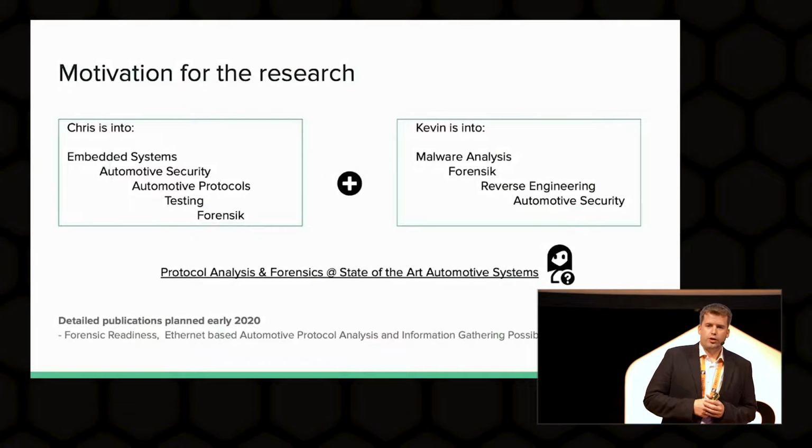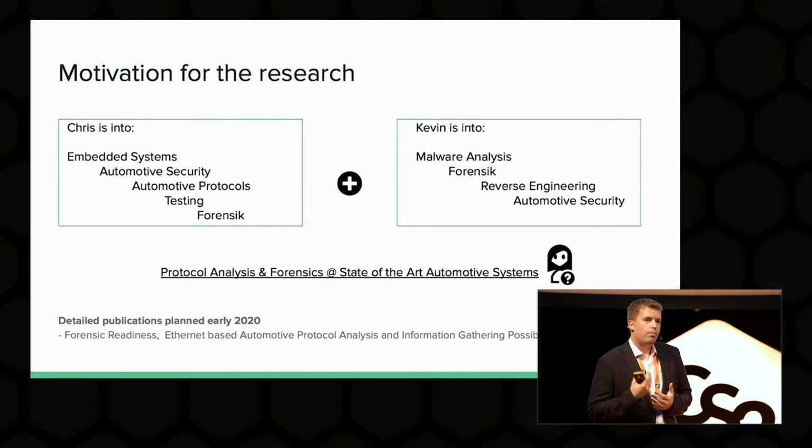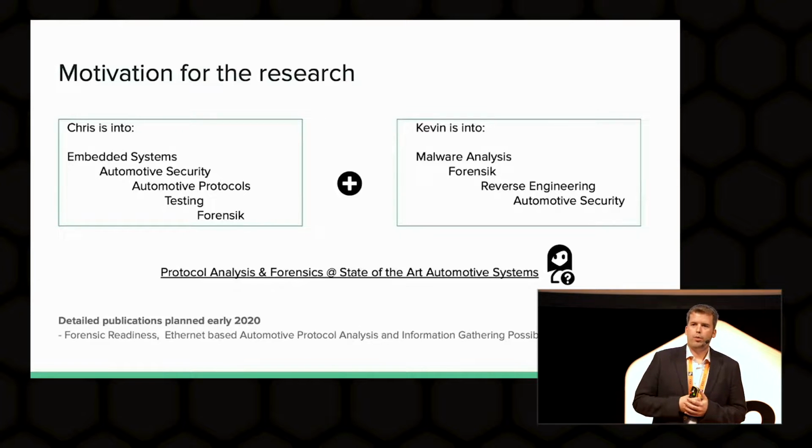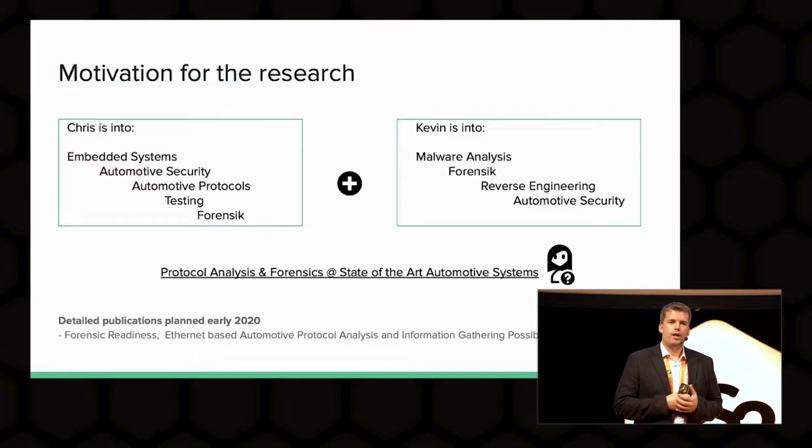So what was the motivation for our research? Myself, like we were introduced, I'm interested in in-vehicle network security. I like testing, forensics, and automotive protocols. Kevin's into malware analysis, forensics, reverse engineering, and also automotive security.